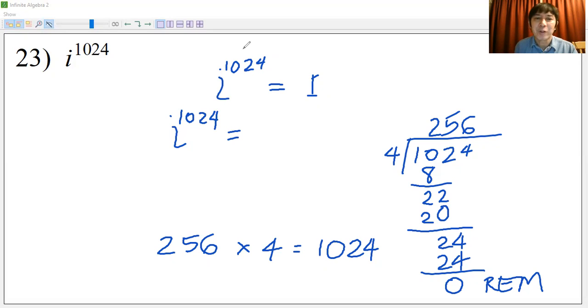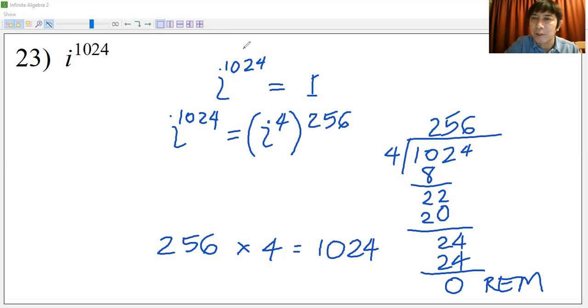Factors, all right. So you can write this like 4 times 256, raised to 256, like that. So this is something like i to the fourth, raised to 256, there. Because 1024 is a product of 4 and 256.